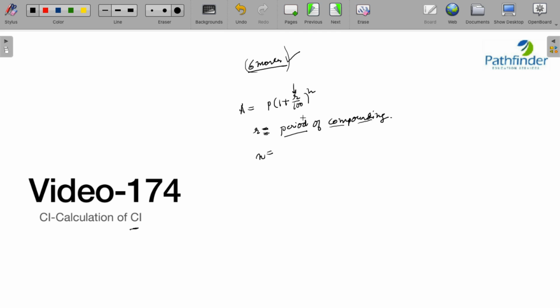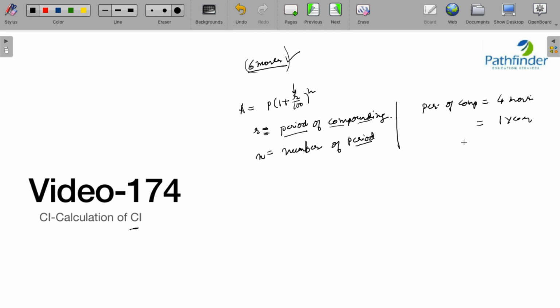And similarly, n is the number of periods. A period could be 1 year, less than 1 year, or more than 1 year, depending. But say the period of compounding is 4 months, and the total time of the loan is 1 year.